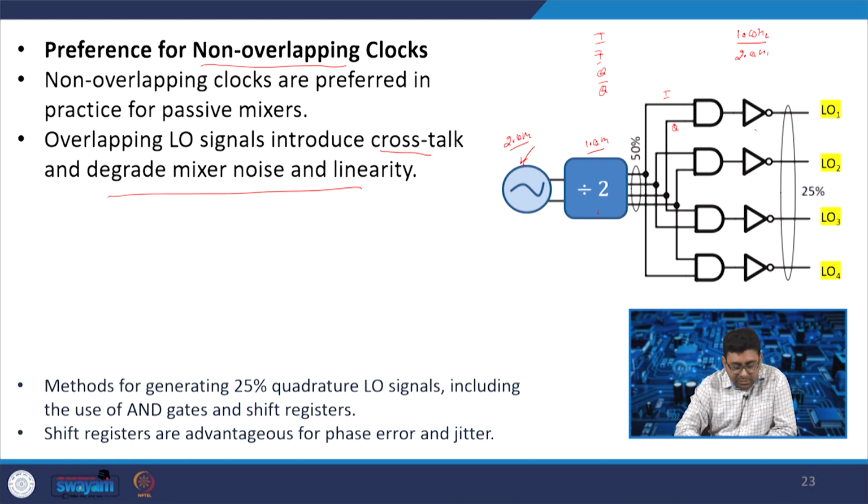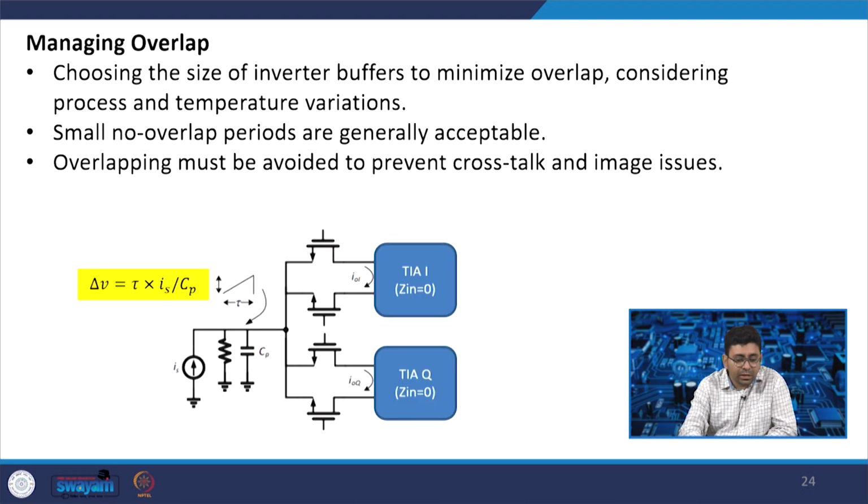So, this is how the 25% duty cycle is generated, including the use of an AND gate. You can also use a shift register, which is a much better way, and it has an advantage in terms of phase error and jitter. So, the shift register approach is much better. However, this AND gate is also used.